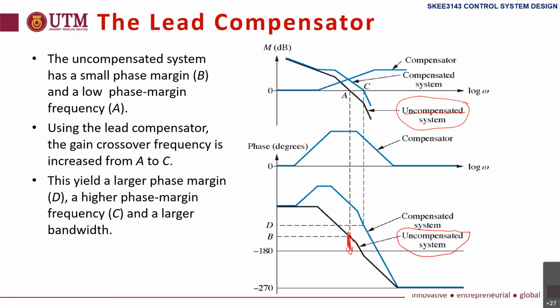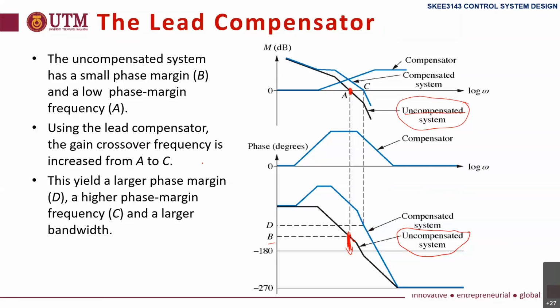This is the gain crossover A, and here is the phase margin at B. We want to use the lead compensator to increase the phase margin and also to increase the gain crossover frequency. Here now the gain crossover is at A, phase margin B.